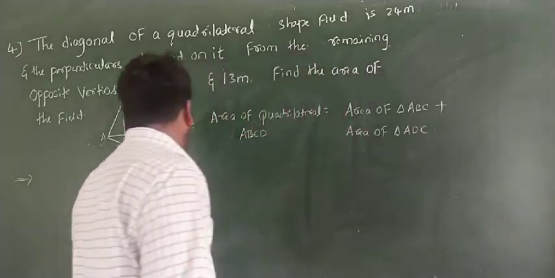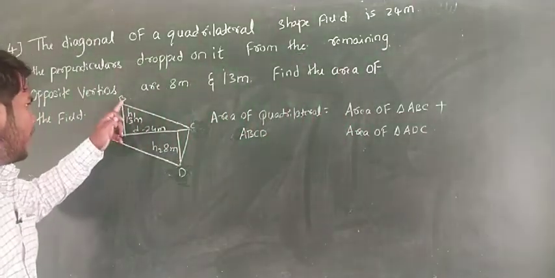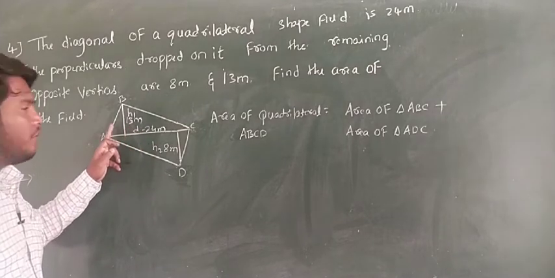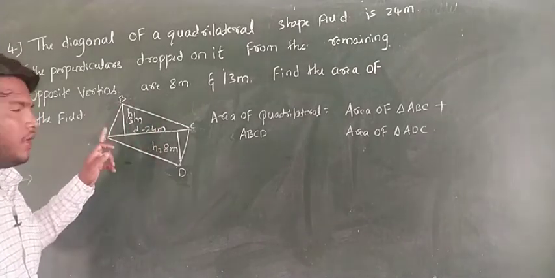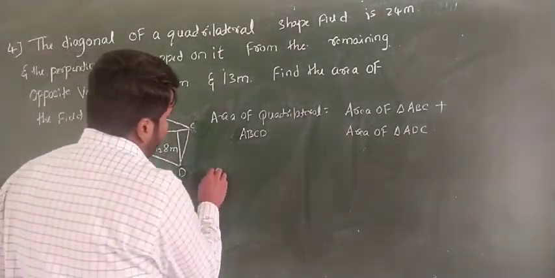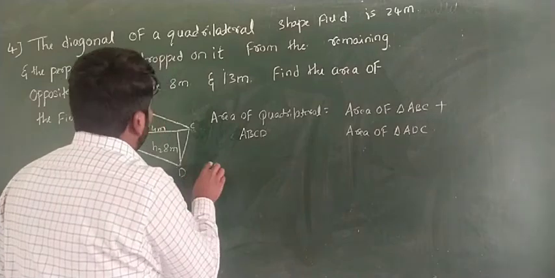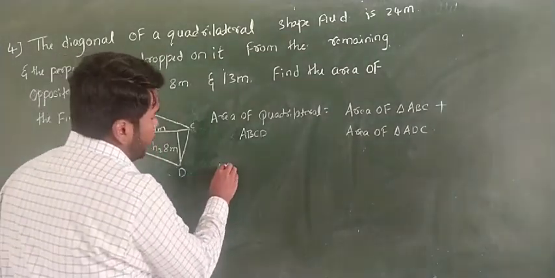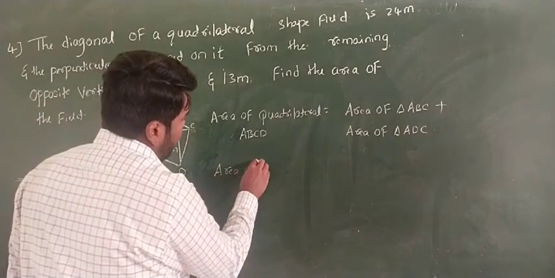Okay, so see here, this is the area of quadrilateral ABCD. It splits into two triangles, area of triangle ABC and area of triangle ADC. Okay, so see here, you have the area of quadrilateral.